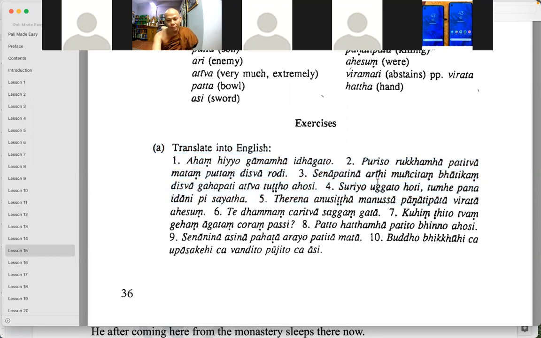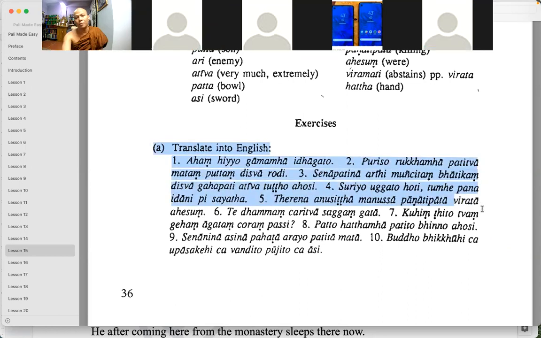So that is fine. Virata is a past participle, should be abstained, and together with the verb to be, had abstained or were abstained. Maybe had abstained is better, I think. Thank you, Bante.